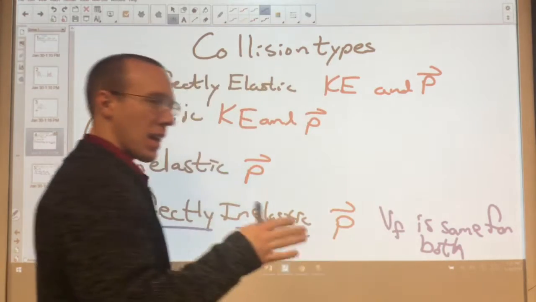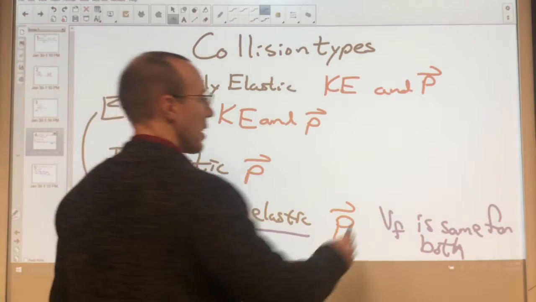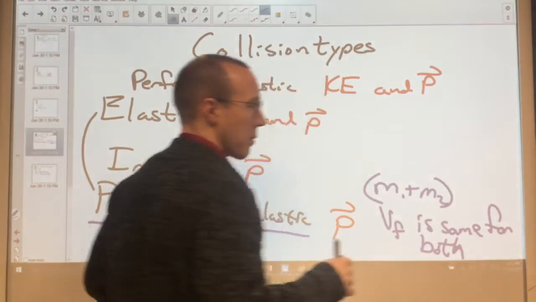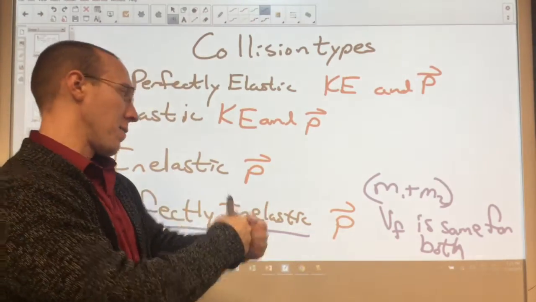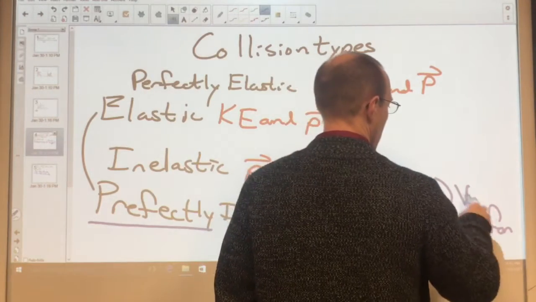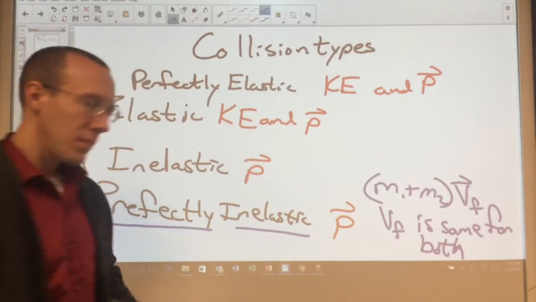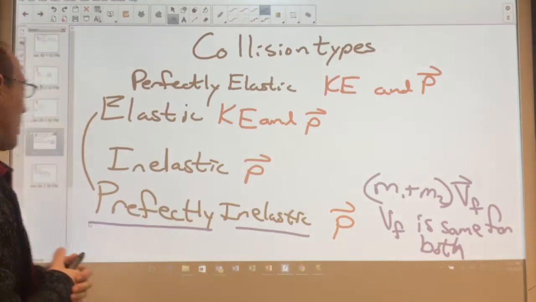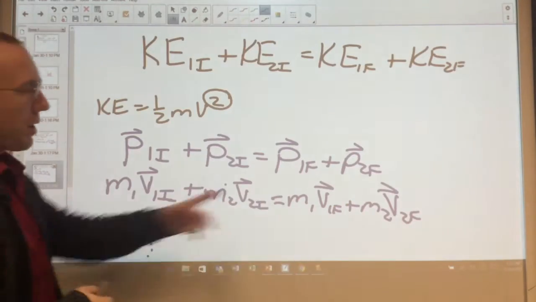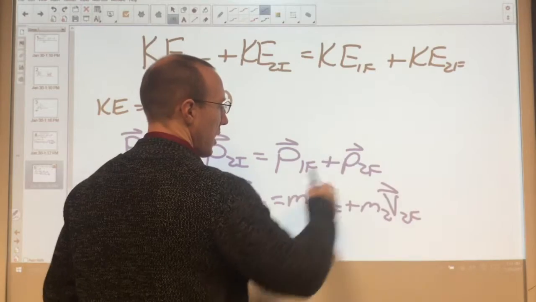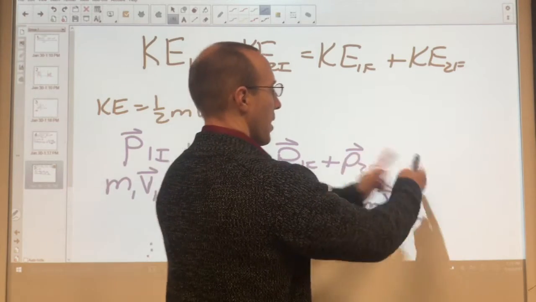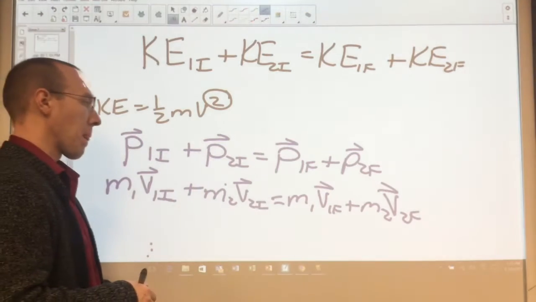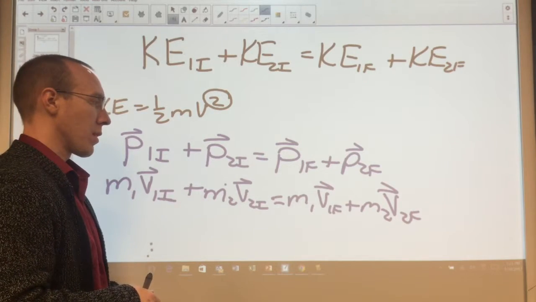And so the right side of that equation will end up being m1 plus m2, and that makes sense to add up the masses because they're stuck together now, times the final velocity. And once again, if they hit and they stick and they move together, then they should have the same final velocity. So this part down here, just for perfectly inelastic, if v and v are the same and we can factor them out, that would make that, I think, a little bit easier.